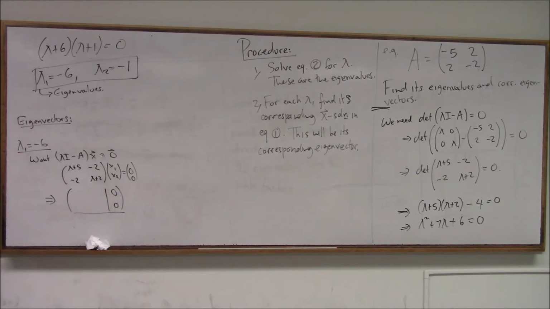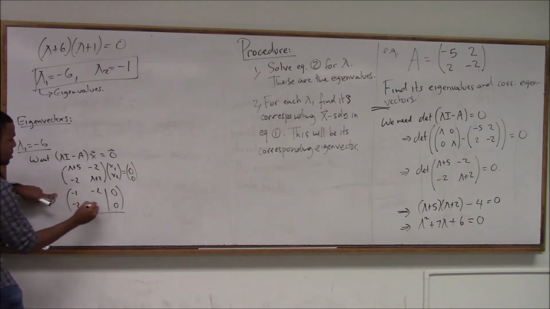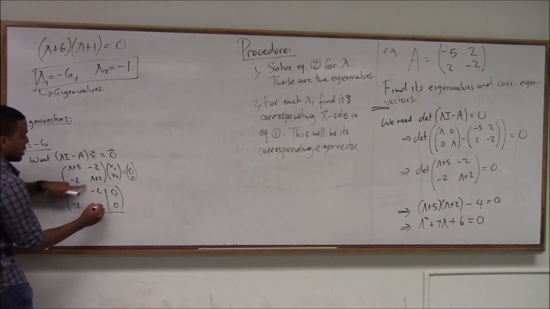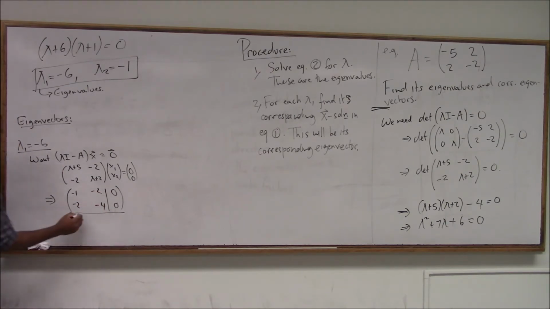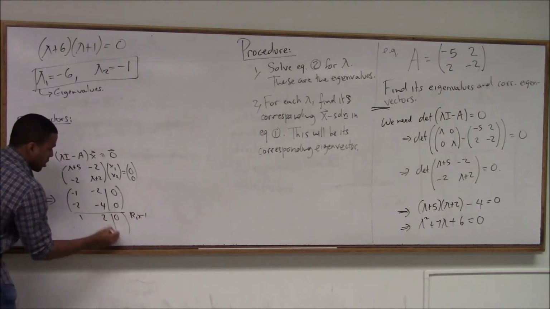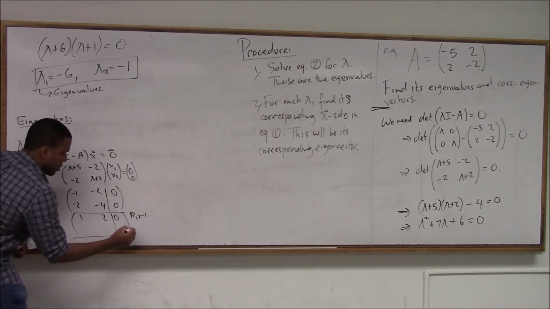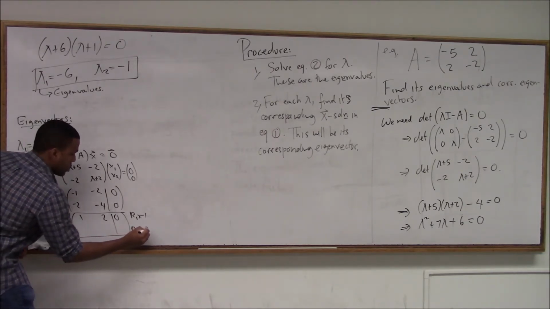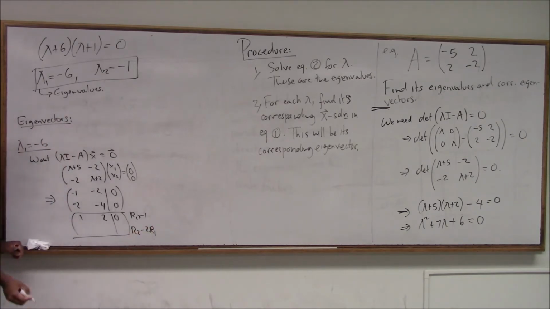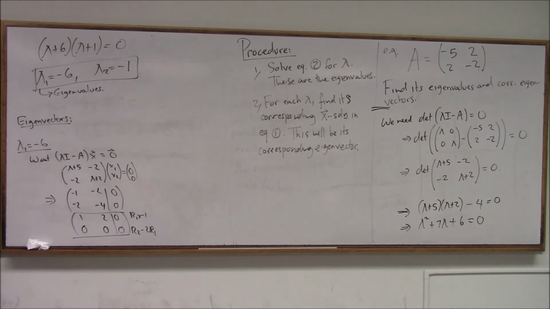Augment that system because I want to solve that system for the vector solutions. Plug in minus 6 here, I get minus 1. Plug in minus 6 here, I get minus 4. That's 1, 2, 0. That's row 1 times minus 1. And if I take row 2 minus 2 row 1, notice that gives me all zeros.